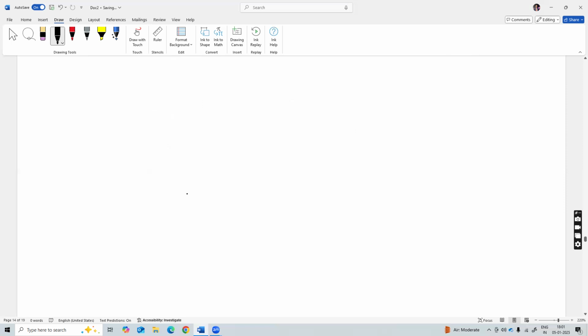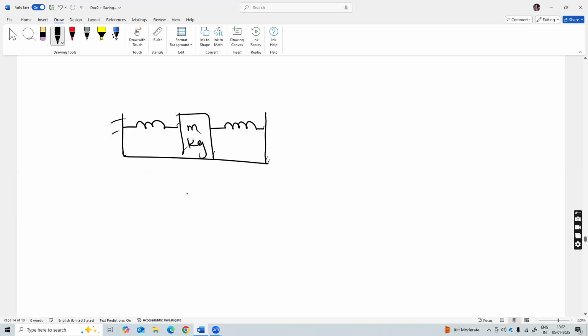So there is one more case. If you have an object of some mass m kg connected with two springs like this to a wall, let's say this is K1 and this is K2, then it is considered that the springs are in parallel, and therefore in this case also K effective will be K1 plus K2.